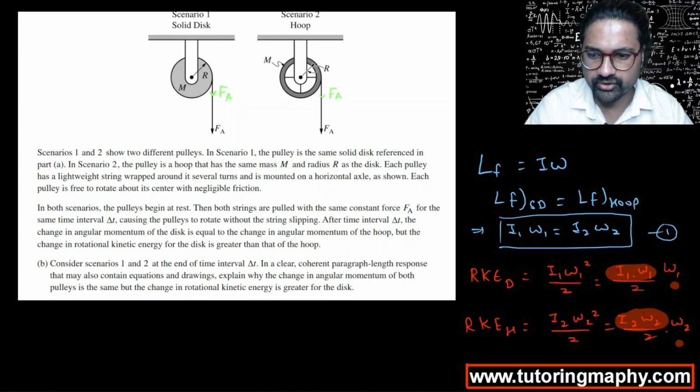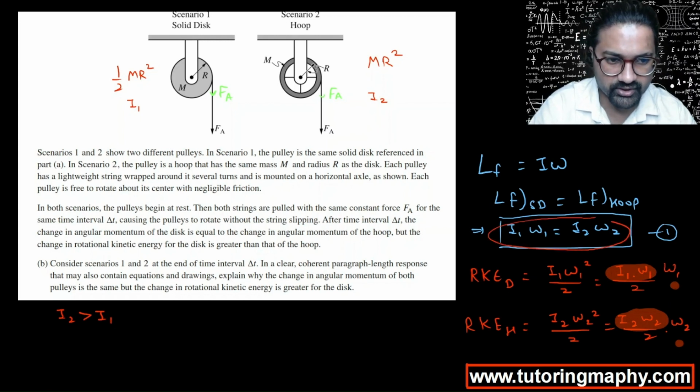Now I'm going to compare the moment of inertia. For the disk, it's given as half m r square, and for a hoop, the moment of inertia is very straightforward because all the mass is at a distance of r. In fact, that's a pretty popular formula, that the moment of inertia is m r square. So we very well know that the value of I2 is more than I1, correct?